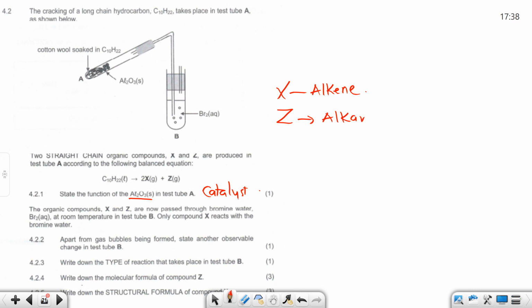An alkane. Apart from the bubbles being formed, state another observable change. We just mentioned that, right? From brown to colorless. Bromine, spell bromine, B-R. Spell brown, B-R. Remember that way. Bromine is brown.